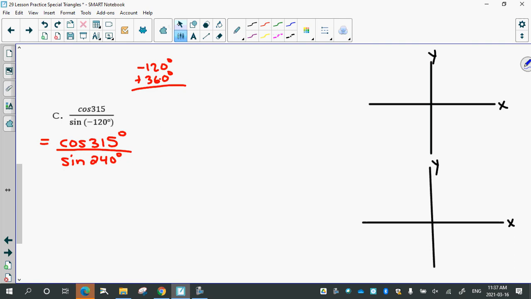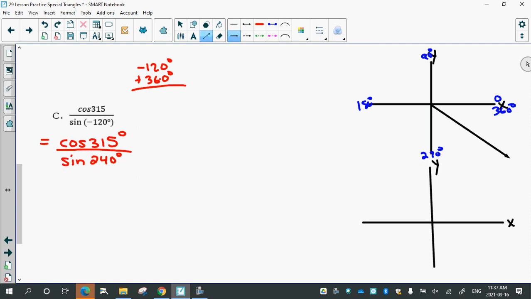Okay, so 315 is halfway in this one. So that's a 45-degree triangle.